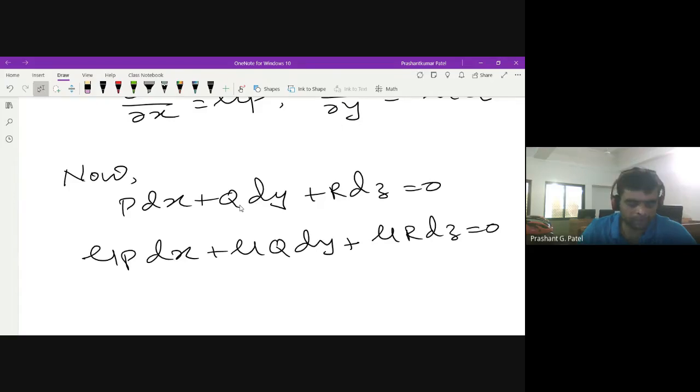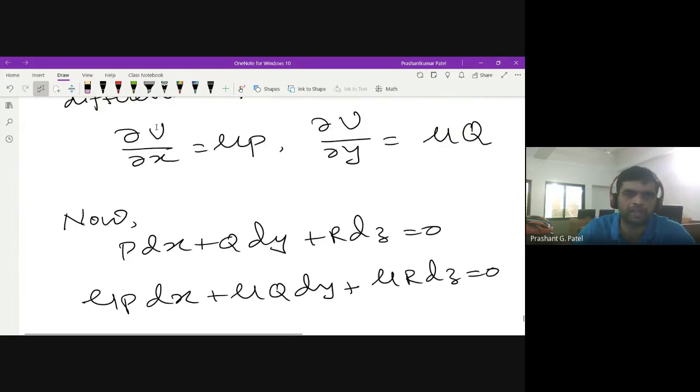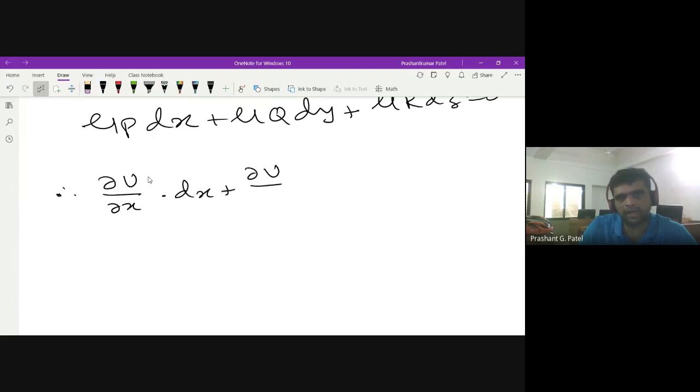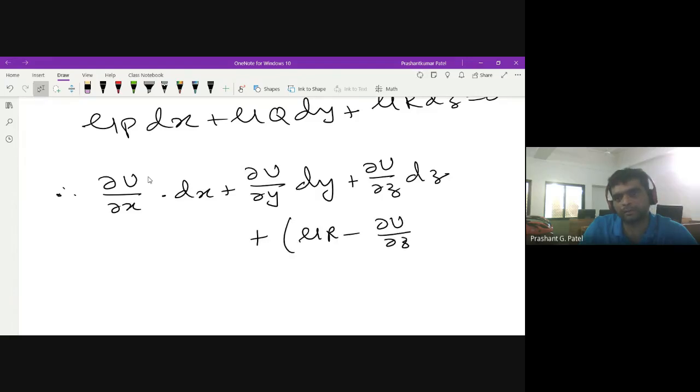But what is mu P? We got the value of mu P is del u by del x. So therefore it is del u by del x into dx plus del u by del y into dy plus del u by del z into dz. So this mu R is not there, but I am adding this value, and here I am subtracting this del u by del z into dz, equal to 0. So ultimately we have this expression.